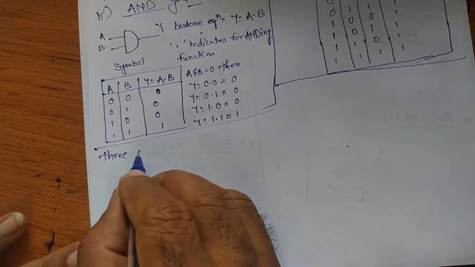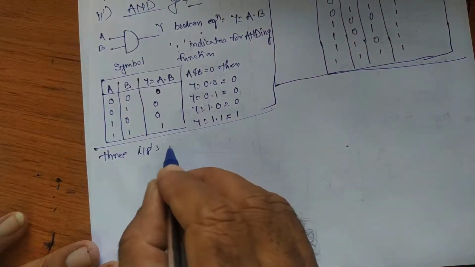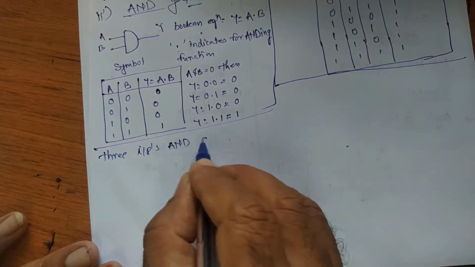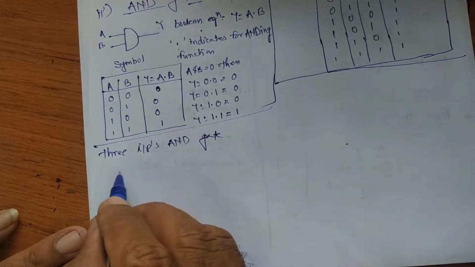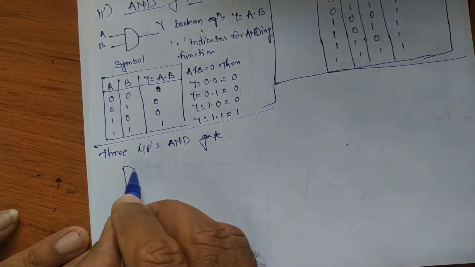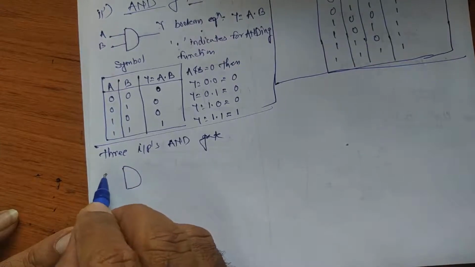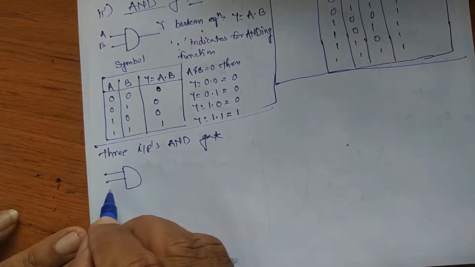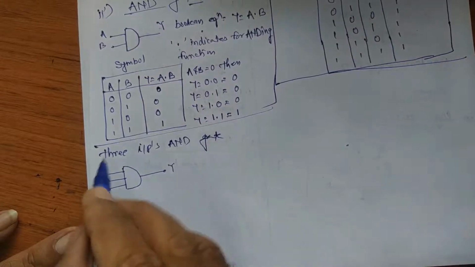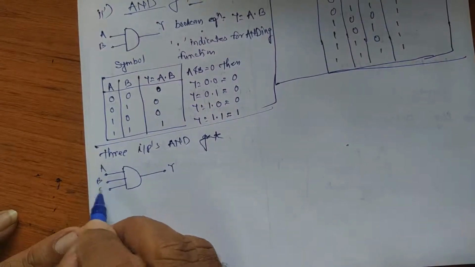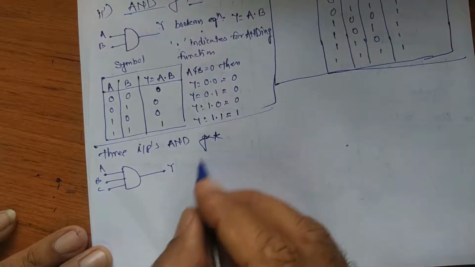Three inputs AND gate. There are 3 inputs A, B, C, output Y. Then what is the Boolean equation?